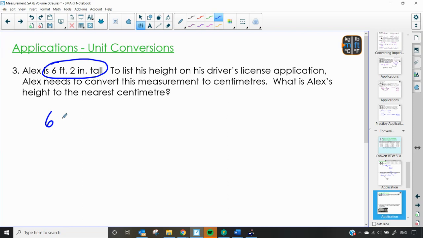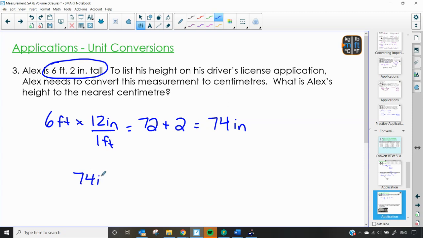So 6 feet times 12 inches per foot will give me 72 inches plus the 2 inches that we have to add to that, and we have 74 inches. Now, if we want to convert from inches to centimeters, we can go to our conversion chart, 74 inches.